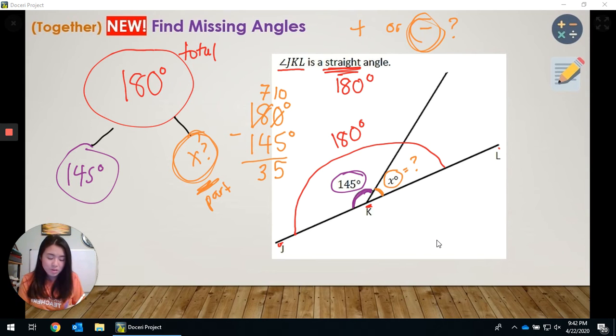And 1 minus 1 hundreds is 0. We have an answer now. 35. I'm going to go ahead and put that inside my part in the number bond.